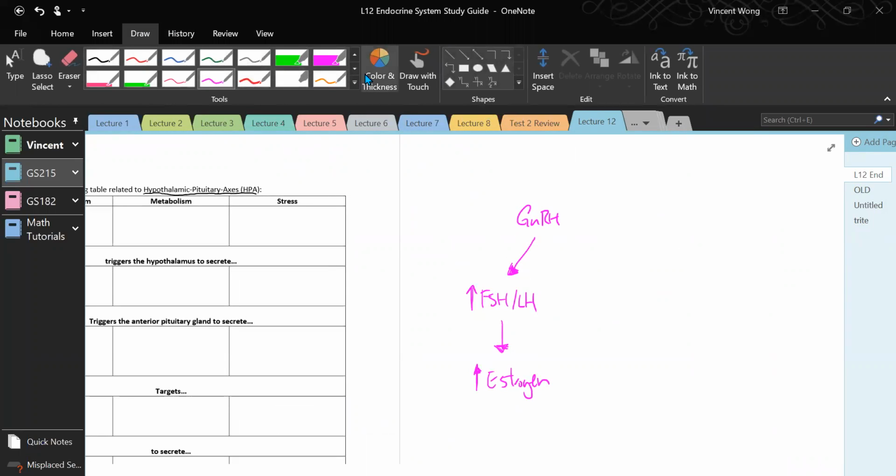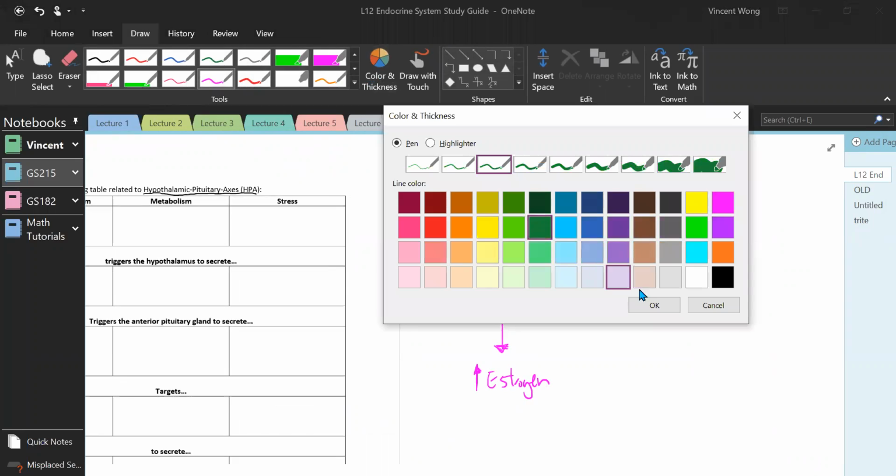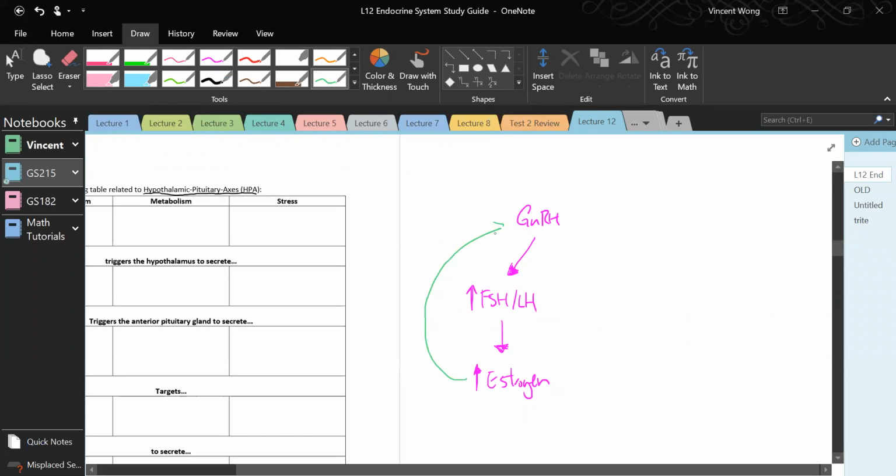So estrogen will actually go back to the pituitary gland as well as the hypothalamus, and it will have a positive feedback. It will encourage the hypothalamus and the pituitary gland to make even more GnRH and FSH and LH.